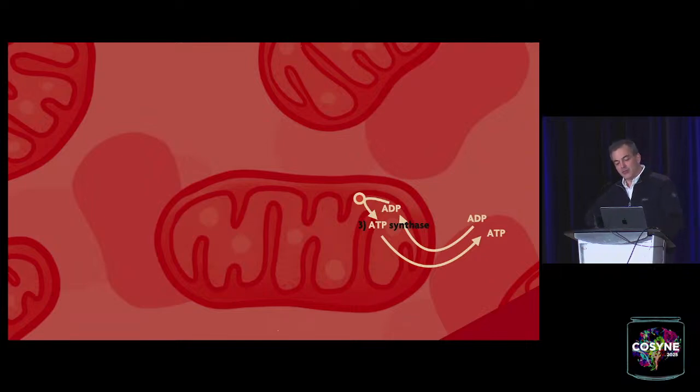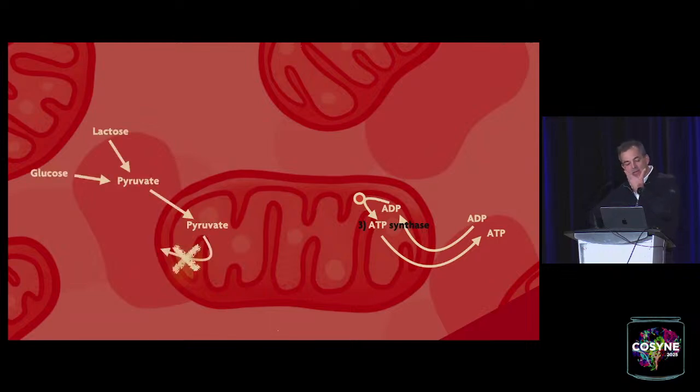The ATP is produced from ADP at the ATP synthase. And it does so with the help of lactose and glucose that is being converted into pyruvate and then shuttled into the mitochondria. And here already I would like to make you aware of an idiosyncrasy that neurons experience, which is that they cannot undo the pyruvate transition from lactose or glucose that other cells can.